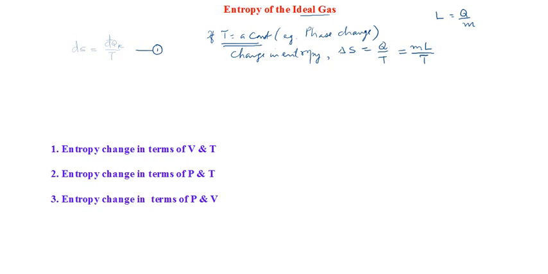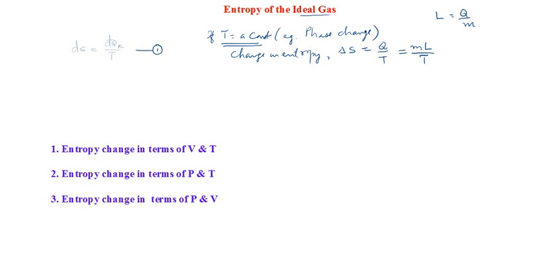So what I want to conclude is this: in different cases, you can calculate the entropy change using equation number 1 by substituting for d bar q r using the differential form of the first law of thermodynamics in proper terms.